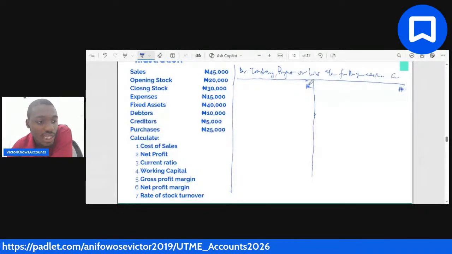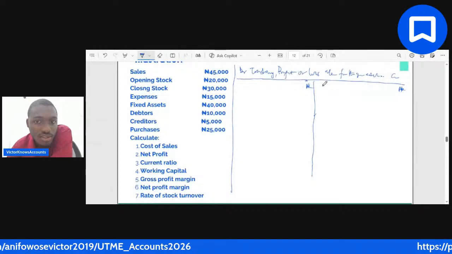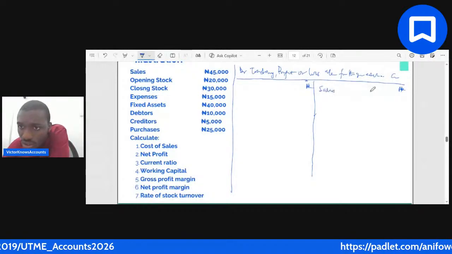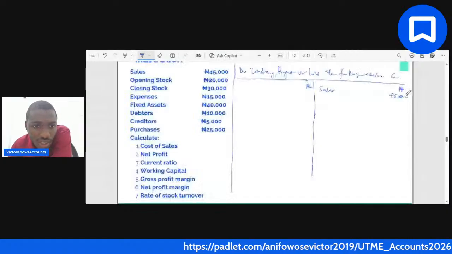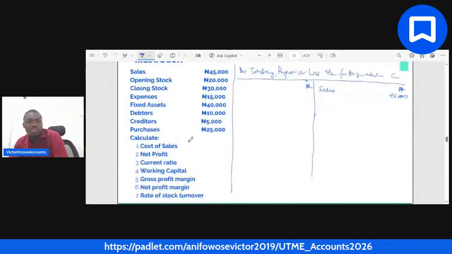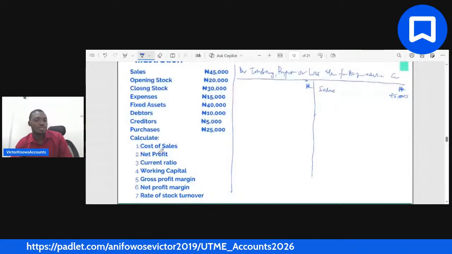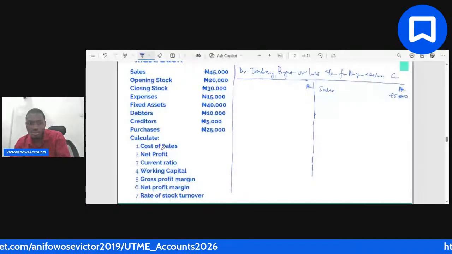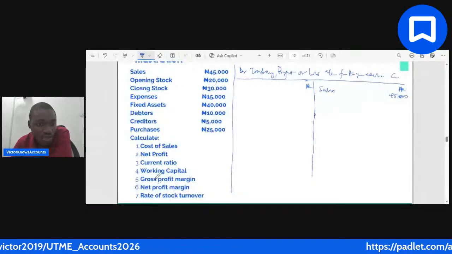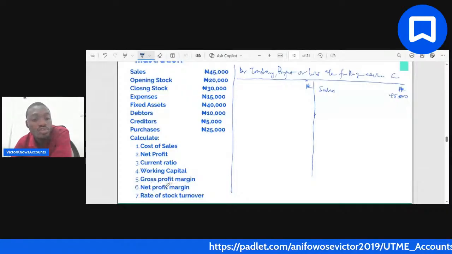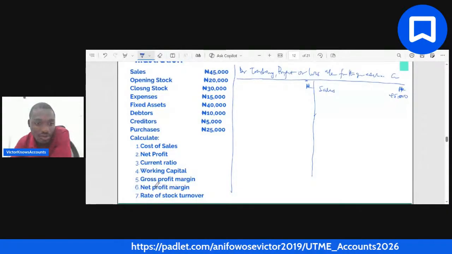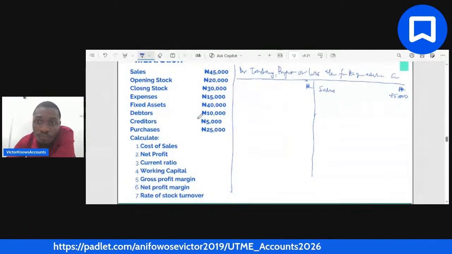So when you want to start, you say sales on the credit side, 45,000. The reason I'm doing this is because they told us to calculate cost of sales. They also told us to calculate net profit. So let's just do it here. We'll get everything that we need. We also need to calculate gross profit margin. To calculate gross profit margin, you need gross profit. To calculate net profit margin, you need net profit. Do you understand that? So sales 45,000.